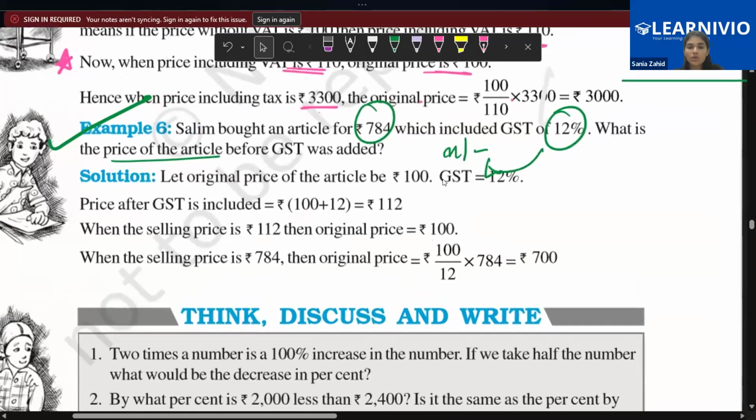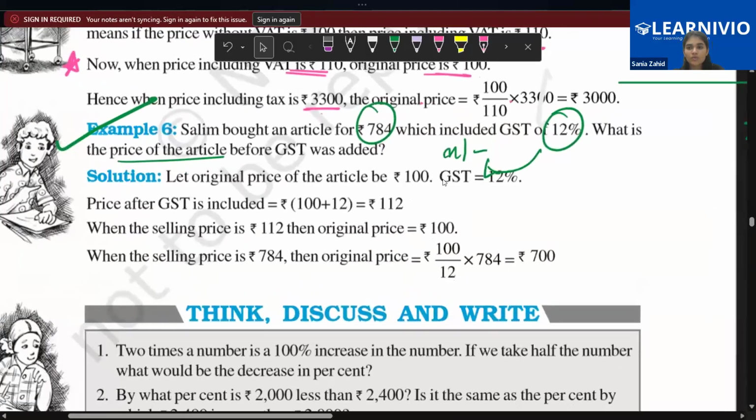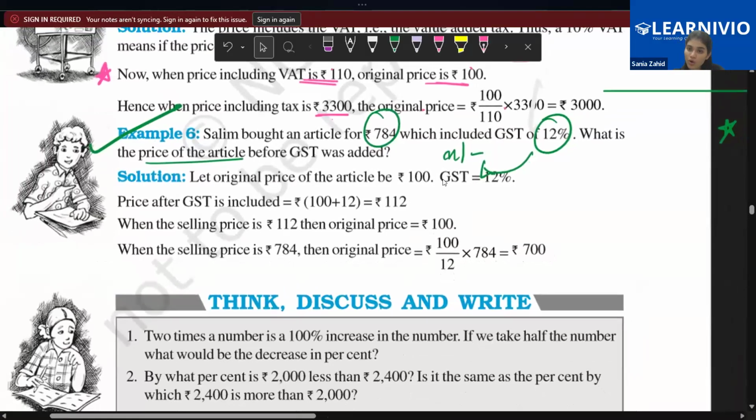Yeah. Why do we consider it as 100? I told you not to follow that. Do not look at that solution. Because I personally don't like such solutions where the concept is not being cleared. So go with the solution that I've taught you.